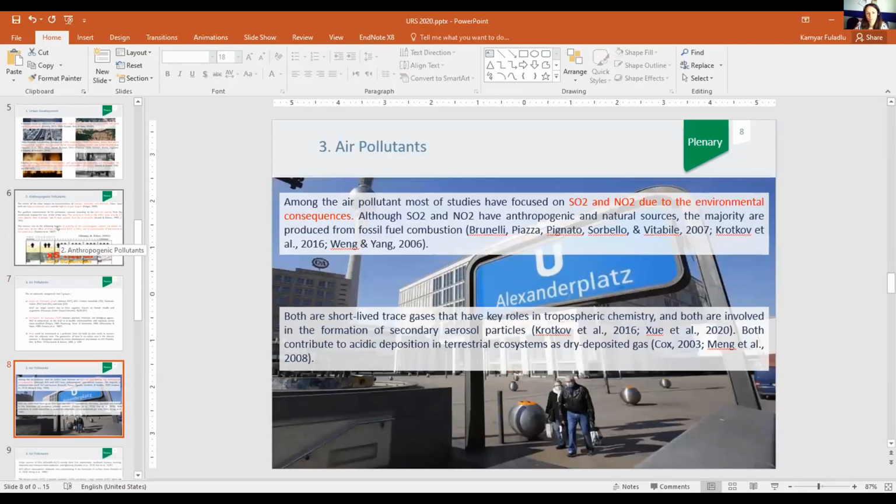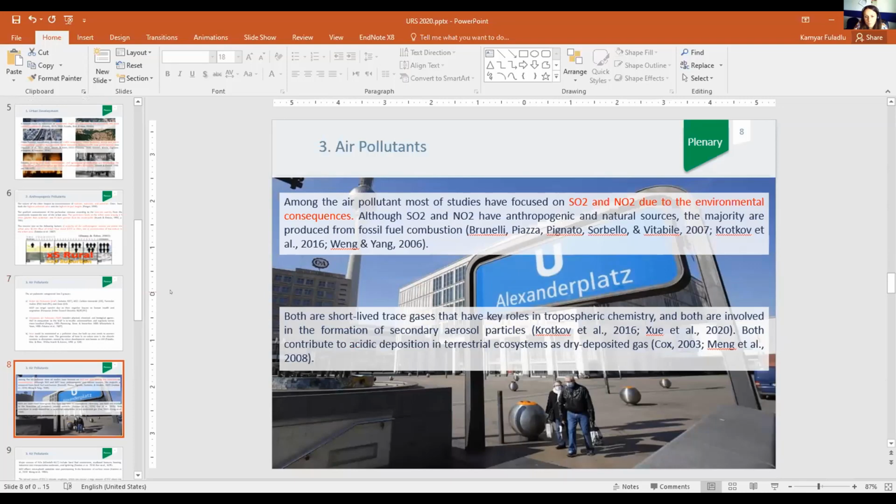Among the air pollutants, most studies focus on sulfur dioxide and nitrogen dioxide due to their environmental consequences. Both of them have anthropogenic and natural sources and are produced mainly from fossil fuel consumption.